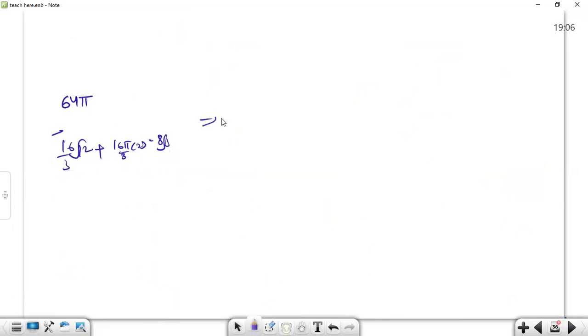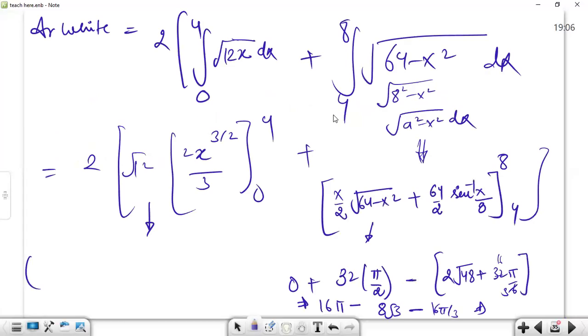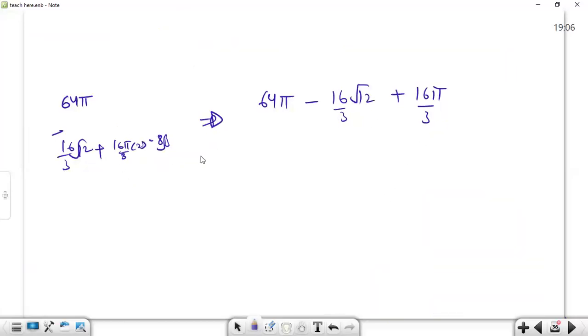Solving it further, 64 pi minus 16 by 3 square root of 12 plus 16 pi by 3 into 2. So into 2 will make it 32 pi by 3 minus 8 root 3.